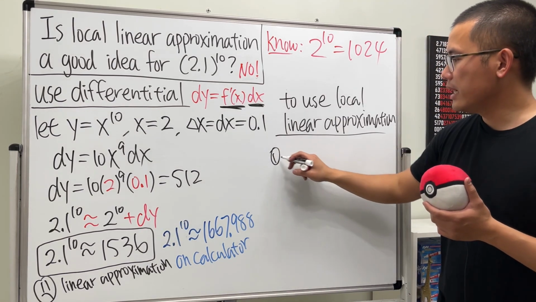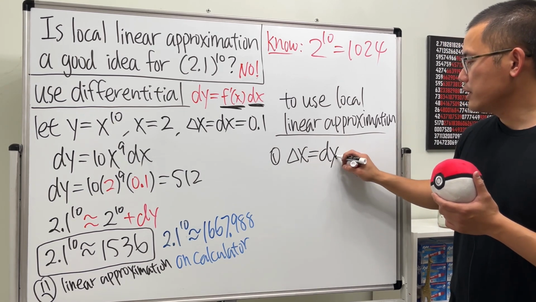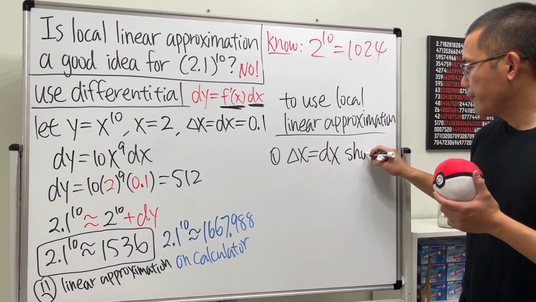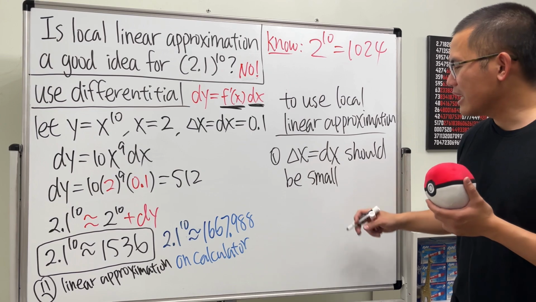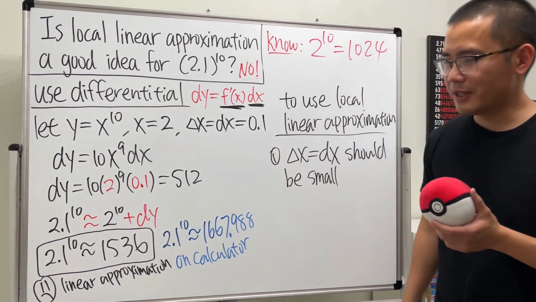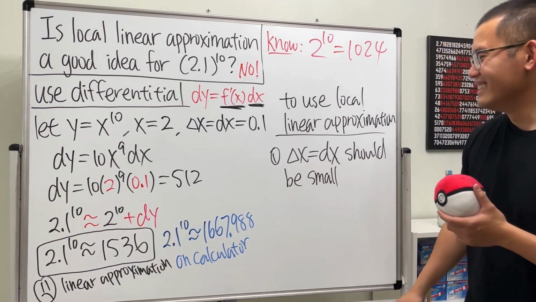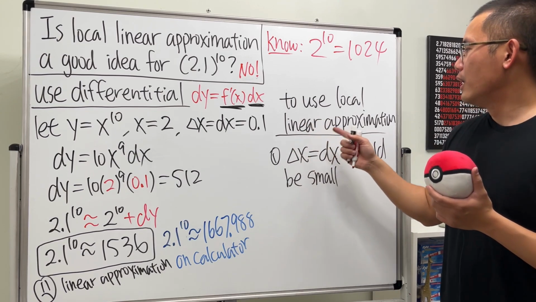Let me write this down for you. The first thing is that the change in x should be small. Sometimes some people might be picky, and 0.1 might be too big for them. It's okay, I respect their opinion. But ideally, the change in x should be small. Of course, you have to keep it local.